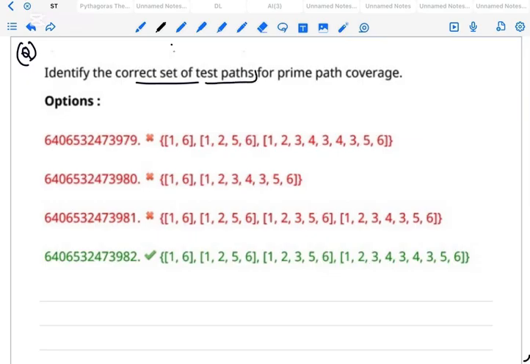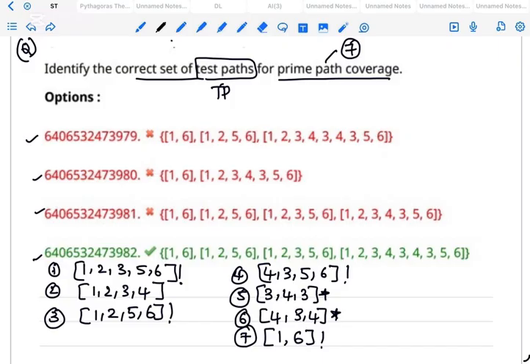Next, the test paths. Options A, B, C, D are sets of test paths. The correct set of test paths for prime path coverage is the one that covers all 7 prime paths, and these are the 7 prime paths.